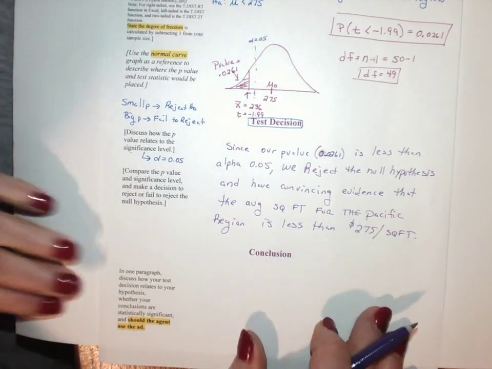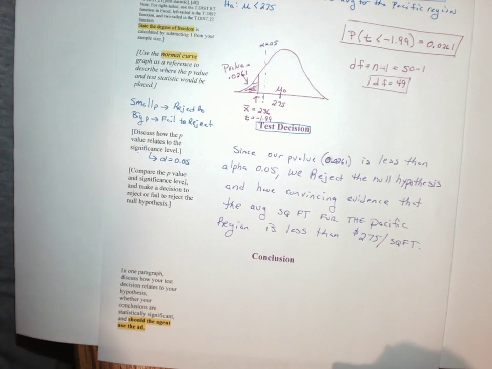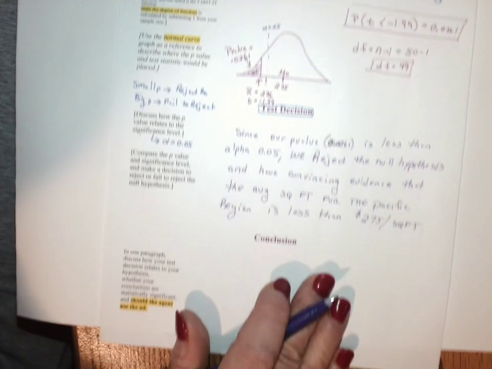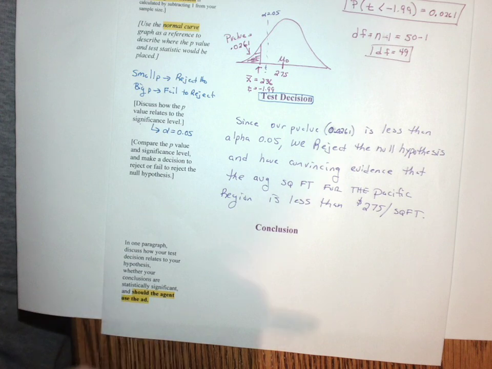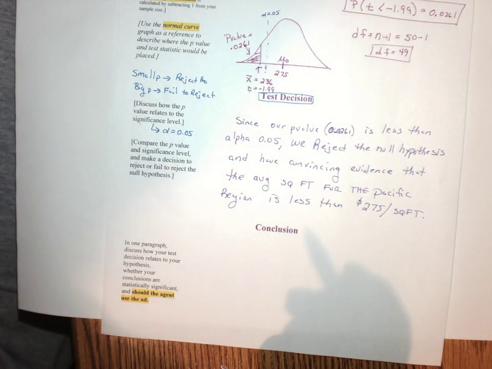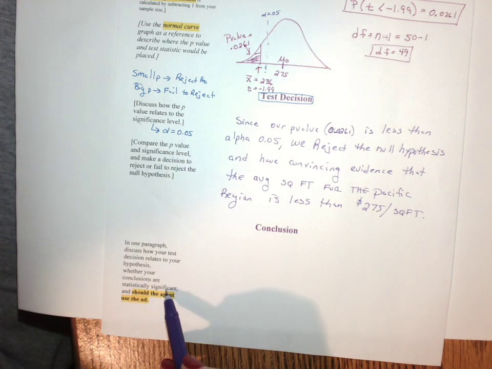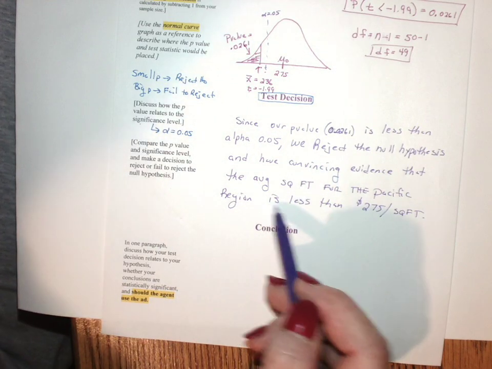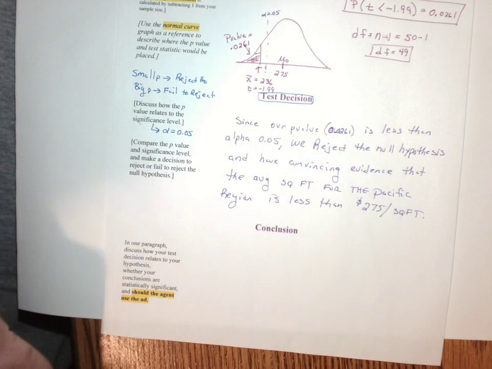And then in the conclusion, going back to what we talked about, you want to write one paragraph. Your paragraph should be easy to follow for this sales rep who's not a statistician. Right? Talking about are your conclusions statistically significant? And in this case, it is statistically significant at alpha 0.05.